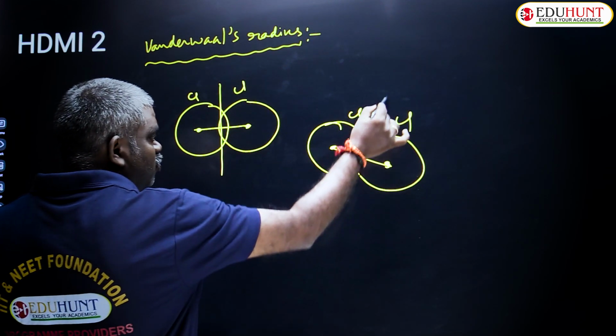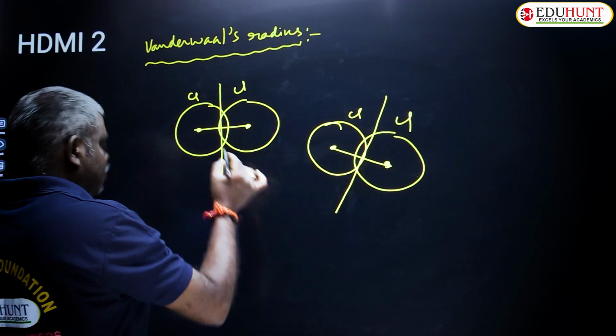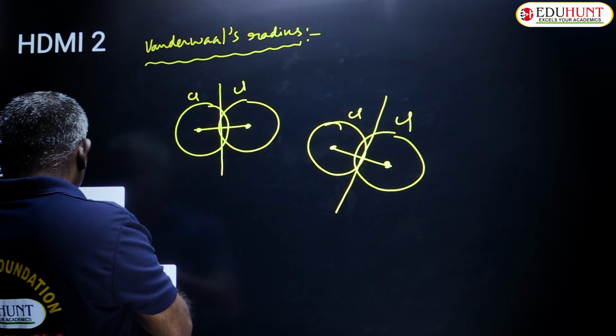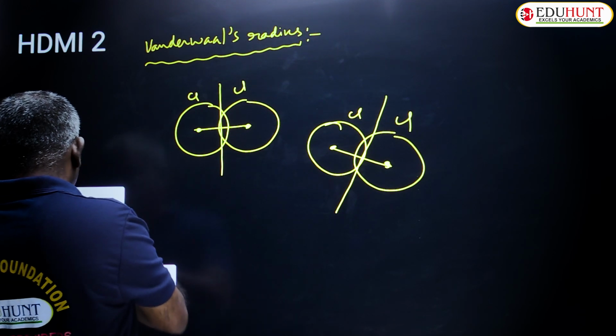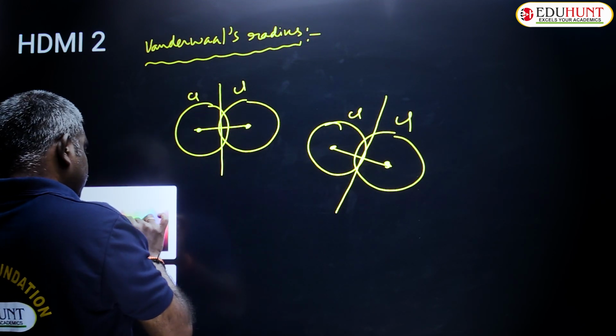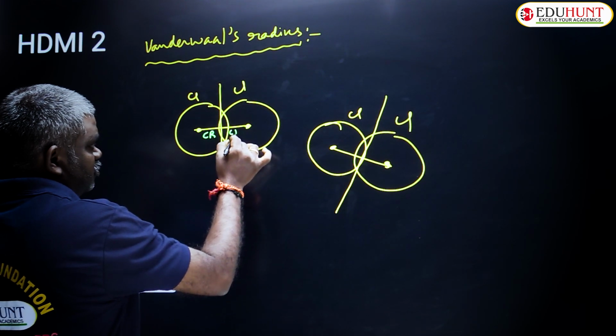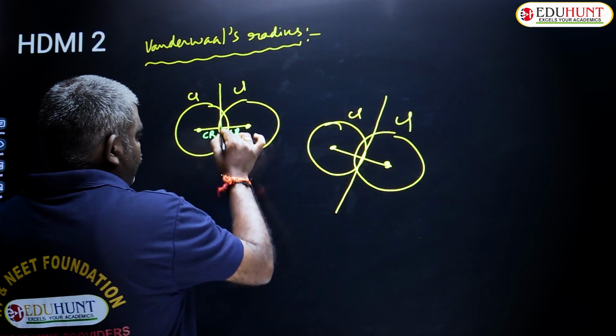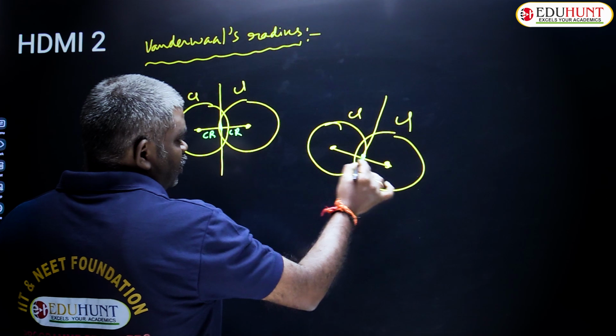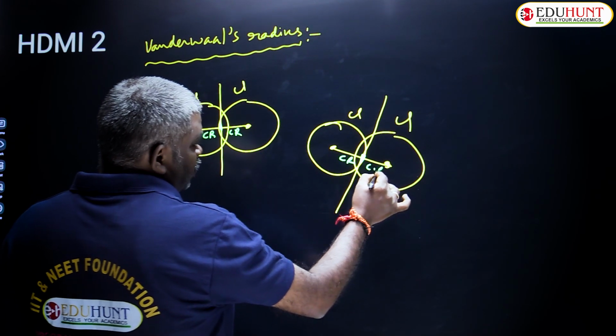But for these two chlorine molecules, from here to here, it is known as covalent radius. It is also covalent radius, up to here it is covalent radius.